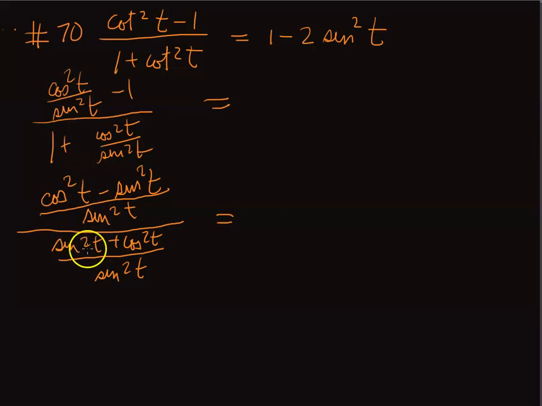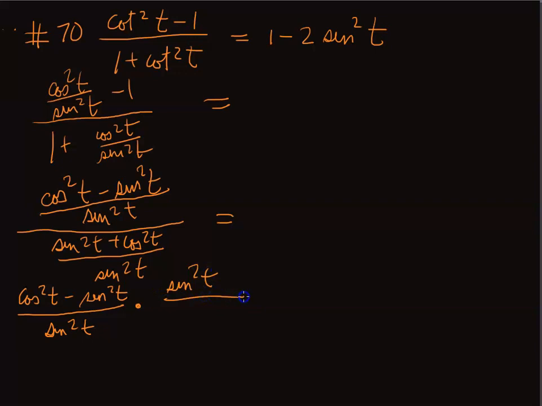Okay. Now, because we've got a fraction over a fraction, we can invert and multiply. So that cosine squared t minus sine squared t over sine squared t, times, you invert this denominator, put the sine squared t in the numerator, over sine squared t plus cosine squared t.